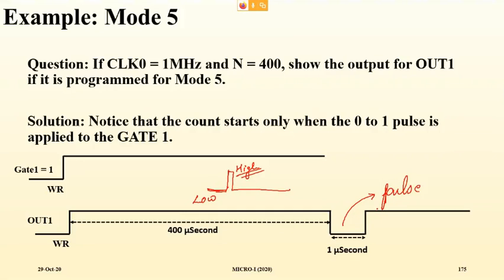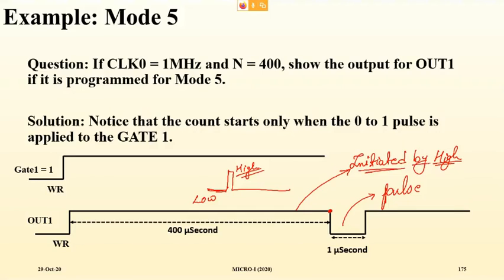But in 8254, whenever we say pulse, the output is going from high to low, because remember, you studied that in almost all the modes, output is initiated high.